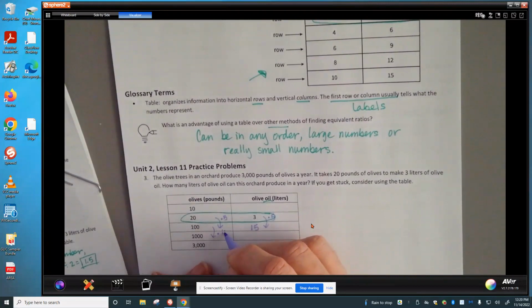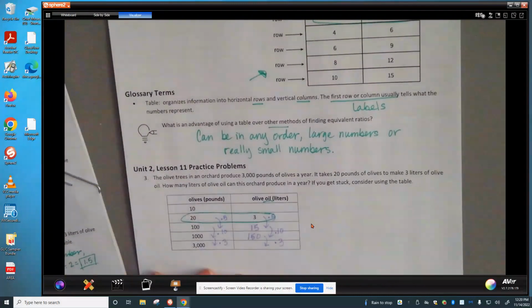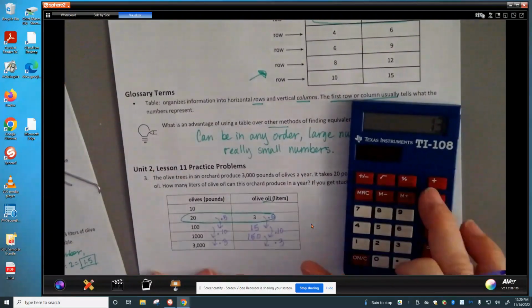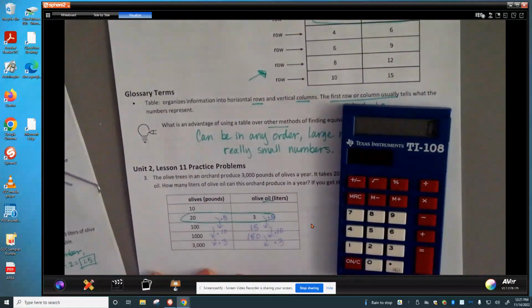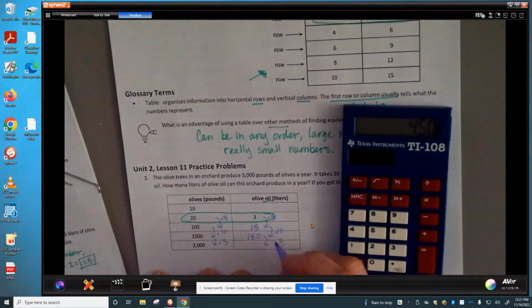Well, that's times 10, which I would do times 10 on this side. And then how many 1,000s are in 3,000? So multiplying by 3. You can use your calculator. I know that 15 times 3 is 45, so it should be 150 times 3, 450. It's kind of dark.